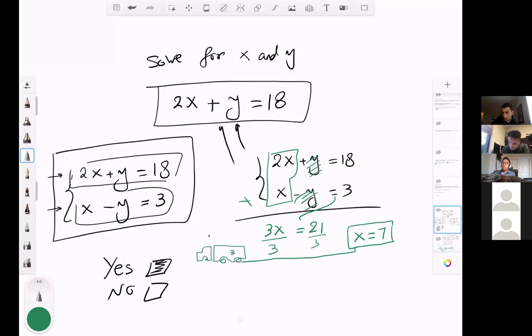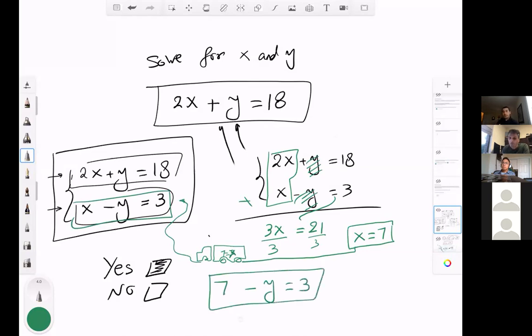I get x equal to 7. I go all the way to the equation, and I plug it into any one that you like. I pick, for example, this equation. So we're going to have 7 minus y equal to 3. Now we have one equation, one unknown. What is the value of y?